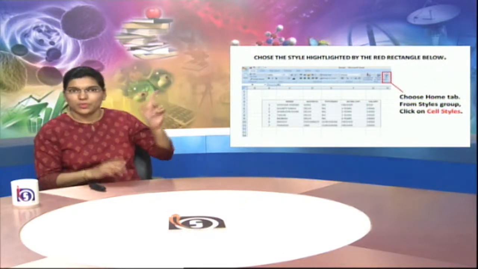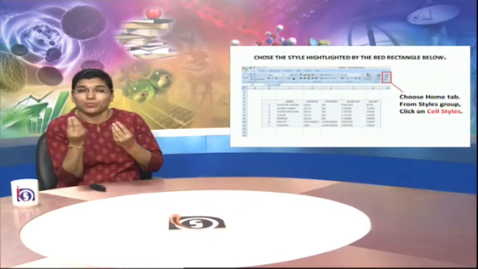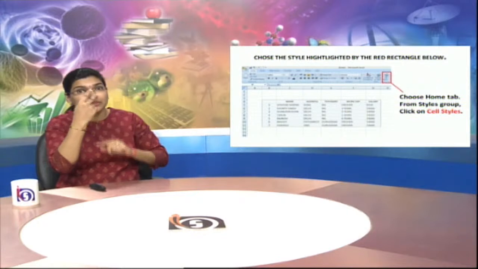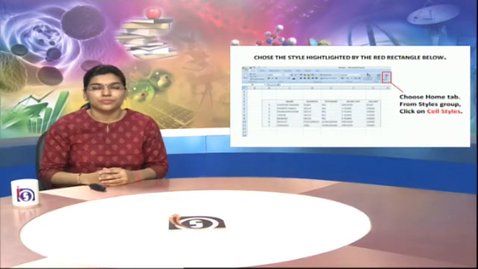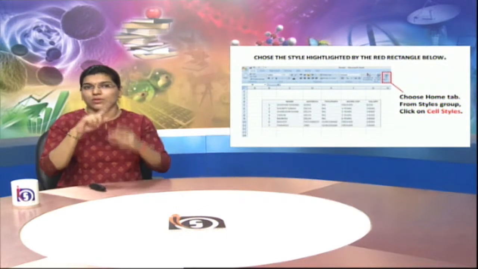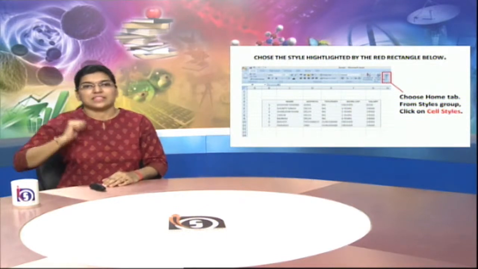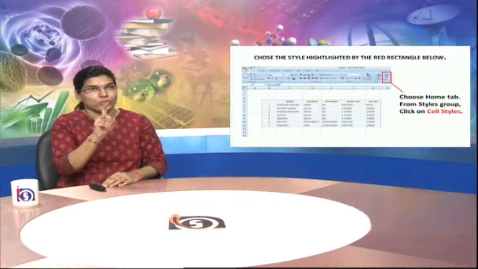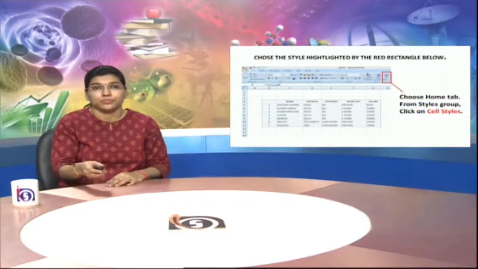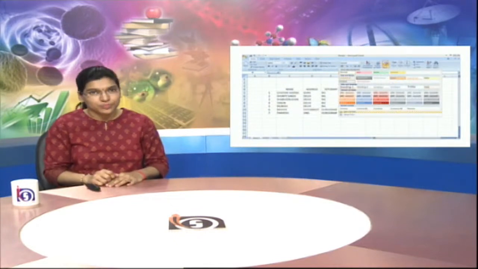Now let's take an example of any simple text written on the sheet, and if you want to make changes, then there is a red border, you see, cell styles. This is to make the changes. You will click, then a drop down box will open.